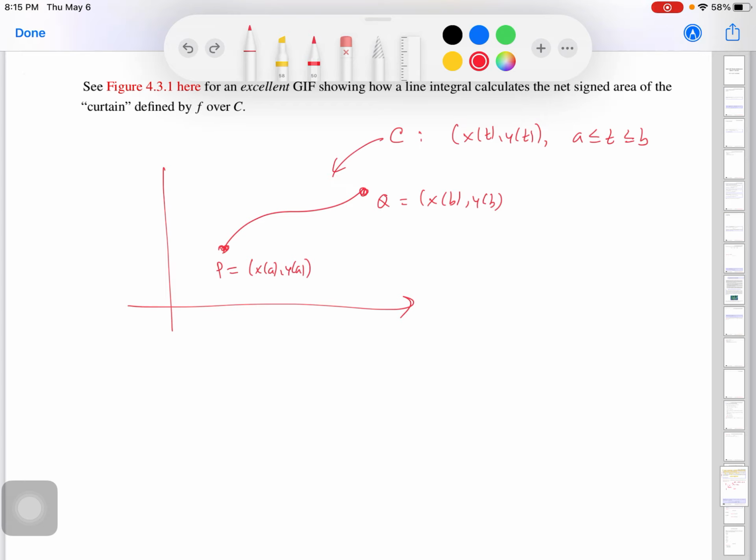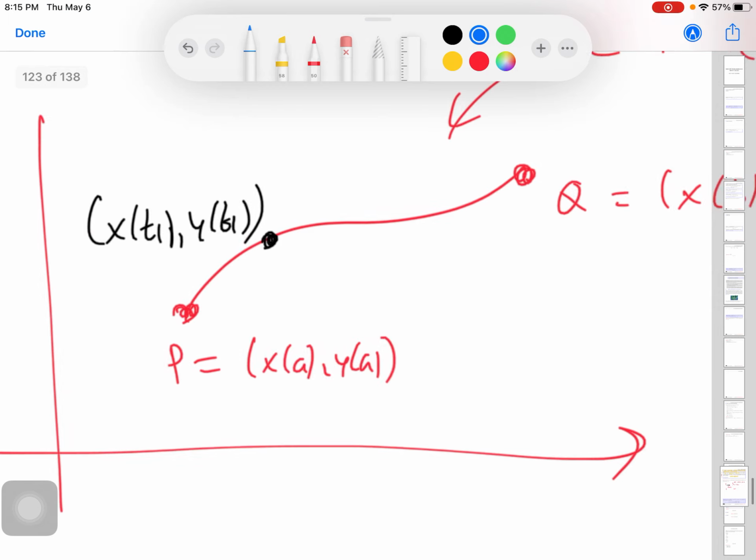And what am I going to do now with it? Well, let's say you're here, and this point is x of t1 and y of t1 at some time. And then a little bit later, you move over here, and this point is x of t2, y of t2.